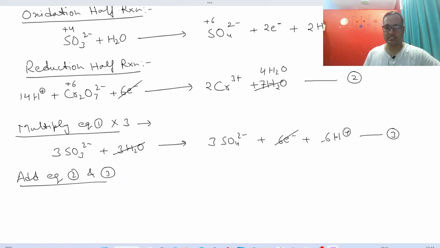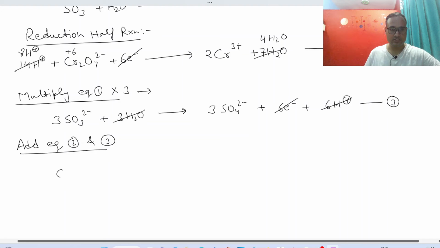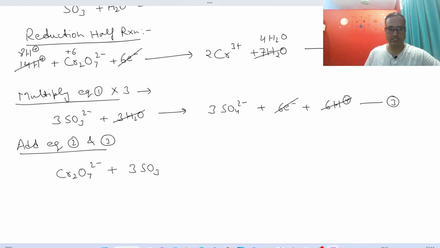We have 6H plus and 14H plus, so it will be 8H plus ions. So now we are left with Cr2O7 2 negative plus 3SO3 2 negative plus 8H plus gives us 2Cr3 plus plus 3SO4 2 negative plus 4H2O.